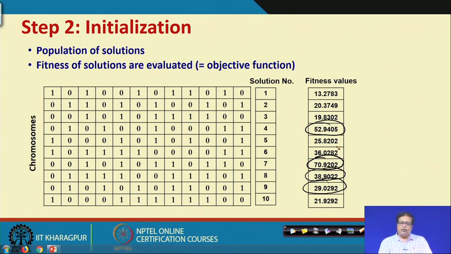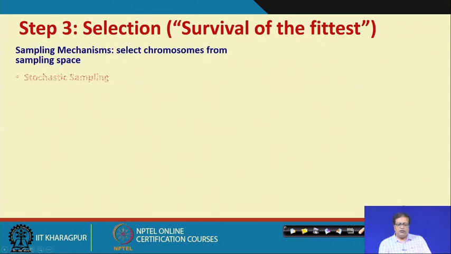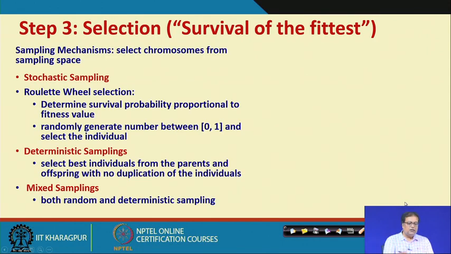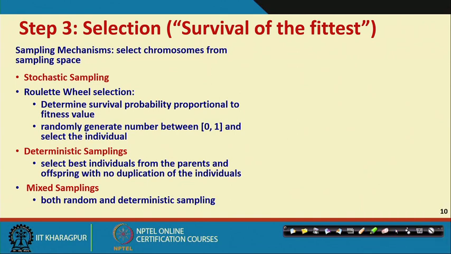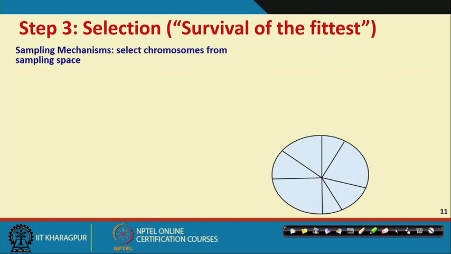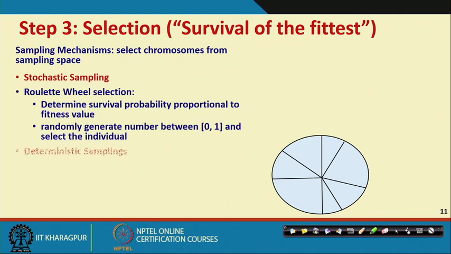But suppose we give some randomization process and then I select, that kind of process can be called a probabilistic sampling method. So, there could be deterministic versus random or probabilistic sampling. Sometimes we can have a mixed sampling also, which is a mix of the two. So, take this example of a sampling mechanism.